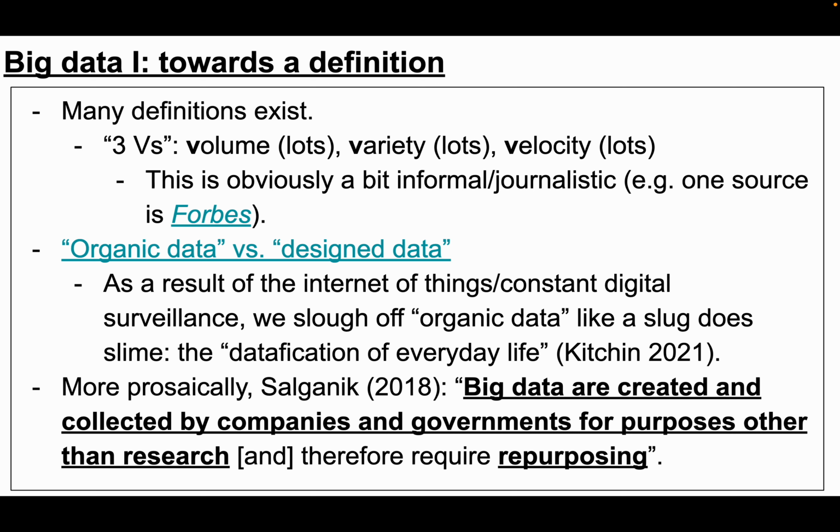More prosaically, this is Salganik's definition, the reading for today. He writes that big data are created and collected by companies and governments for purposes other than research and therefore require repurposing, which I think is a nice way to put it. But this still doesn't quite get at it because there are all kinds of example data sets from the past where data might be gathered, say, for the purpose of surveillance or the purpose of trying to prevail in some kind of military conflict, but they become useful to researchers later on.